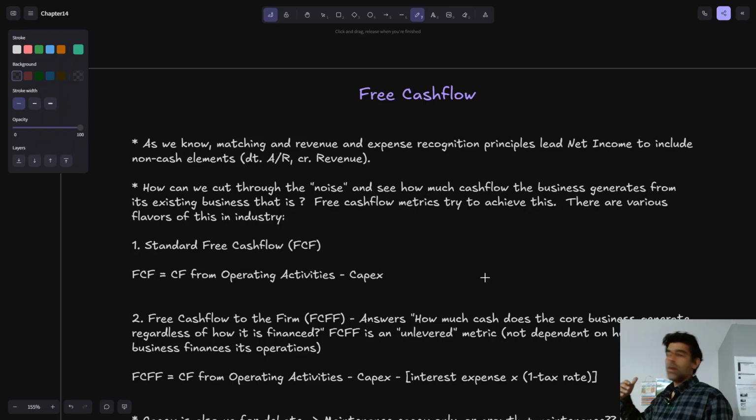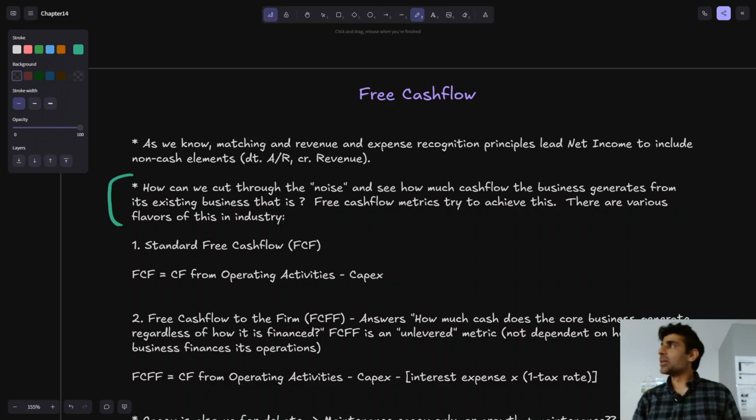Okay, so when an investor is analyzing a business, they'll often want to figure out how much cash am I going to have at the end of the day that is generated from this business? So it's cutting through the noise and seeing, from the existing business, if I just kept it running, how much cash flow am I going to generate each year?